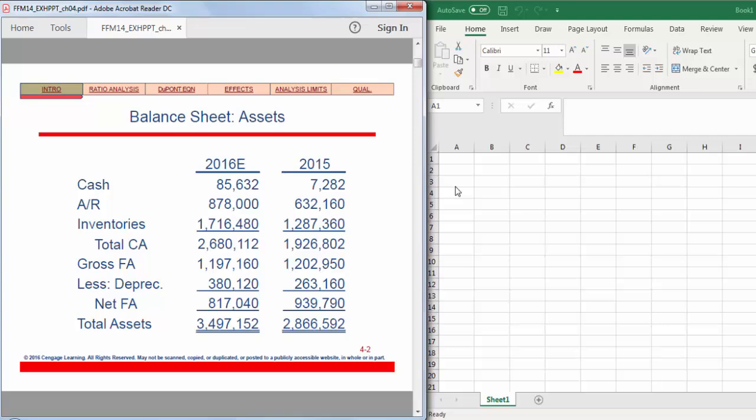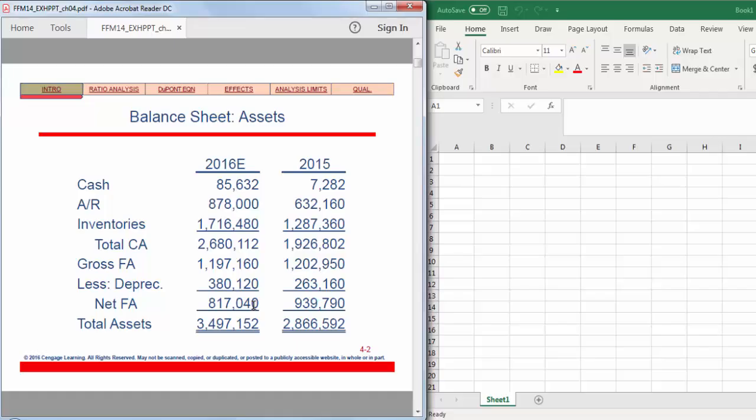The gross fixed assets have declined, or they're expected to decline. As you can see, they are going down from $1,202,000 approximately to $1,197,000 in 2016. That's an estimate. Depreciation is a bigger amount, and we also have net fixed asset.